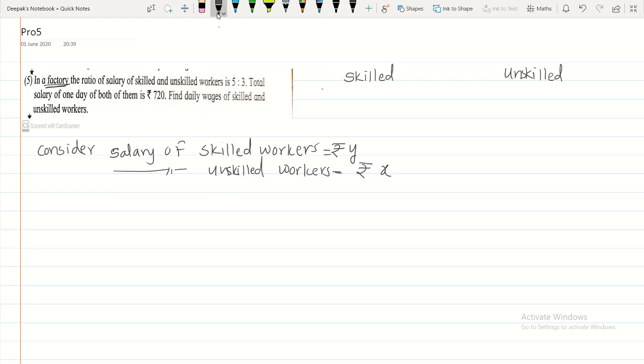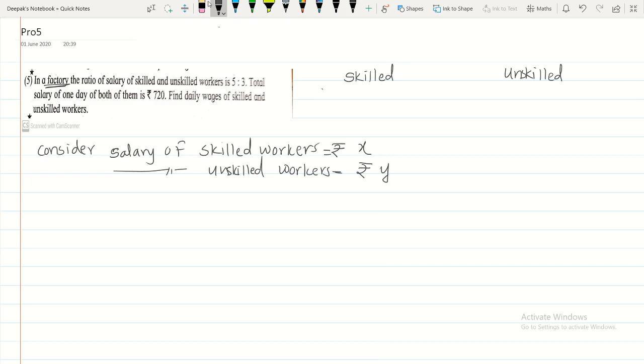Or you can consider this is rupees x and this is rupees y also. It is better to consider the initial salary of a skilled person to be X and the salary of an unskilled person to be Y. So I am going to consider the salary of the skilled person is X, and the salary of the unskilled workers is Y.